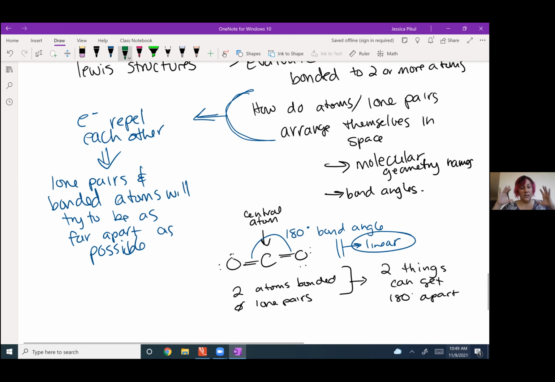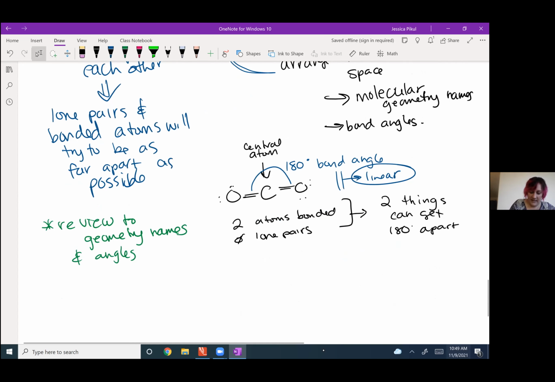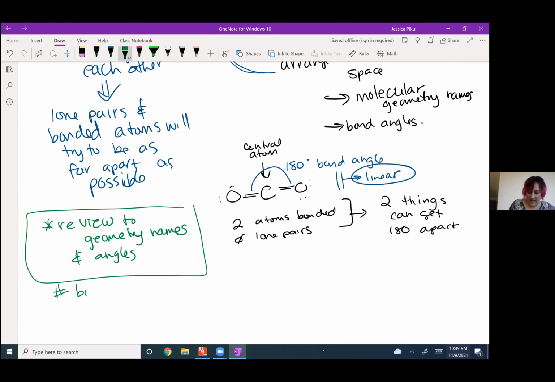I recommend taking a look at the chart of all the different geometries. It's good to just have one handy that you'll review, and you'll just need to review the geometry names. These will all be decided based on the number of bonded atoms and the number of lone pairs.